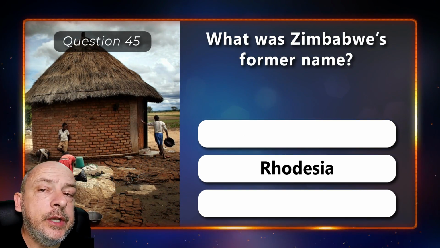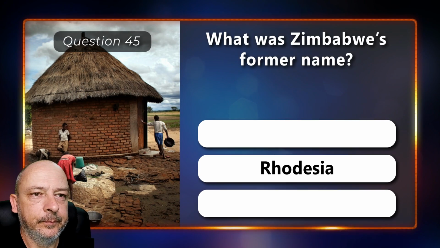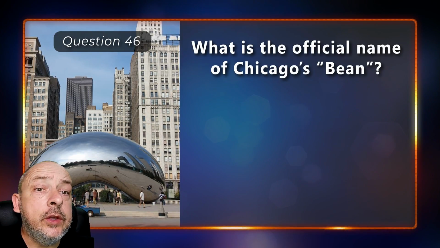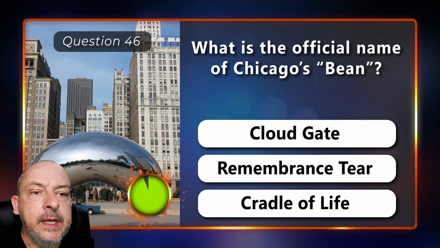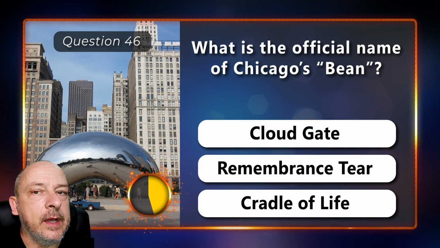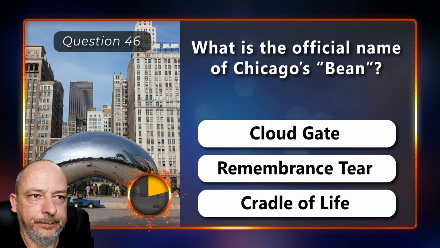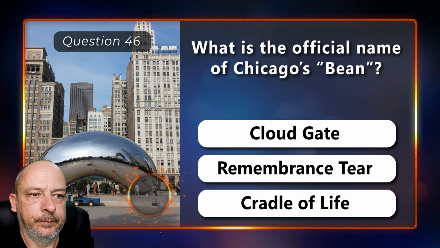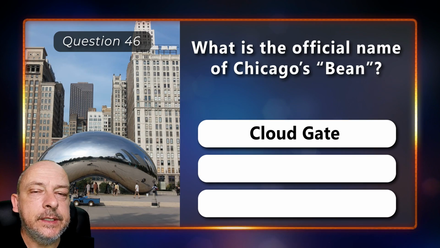It was called Rhodesia. What is the official name of Chicago's bean? Is it the Cloud Gate, Remembrance Tier, or the Cradle of Life? It is the Cloud Gate.